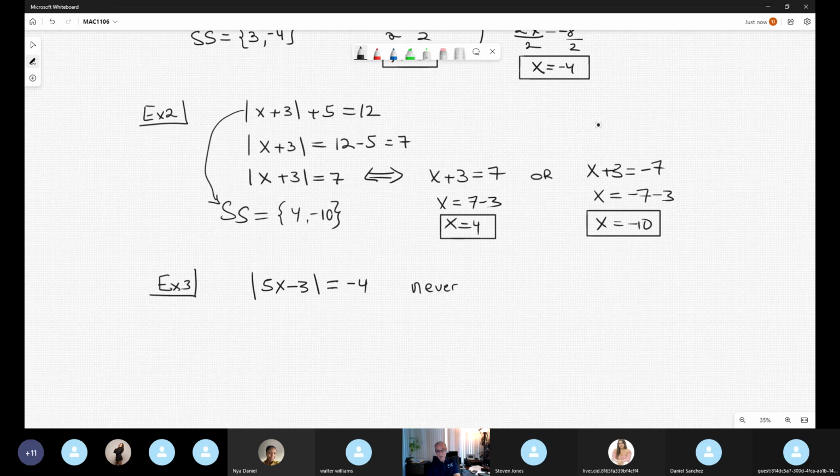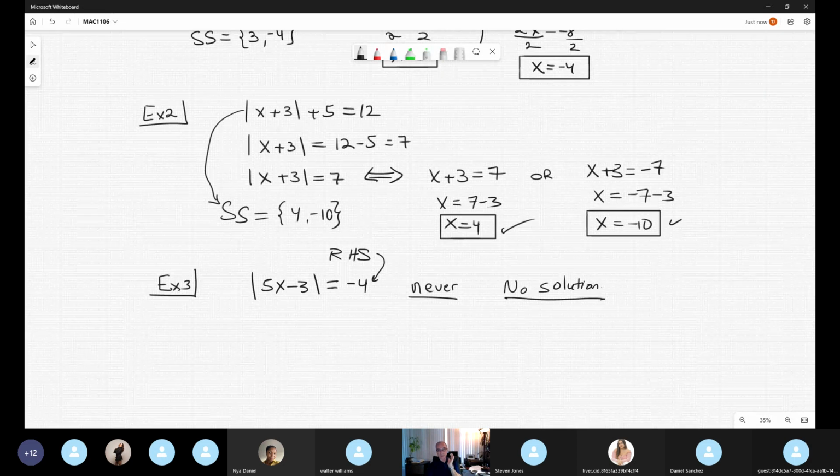Now, what's the answer then? Well, the answer is no solution. It's super easy to detect this because when you see the right-hand side of the equation is a negative number, no solution. If it's positive, yes, two solutions. 1, 2, bam, bam.